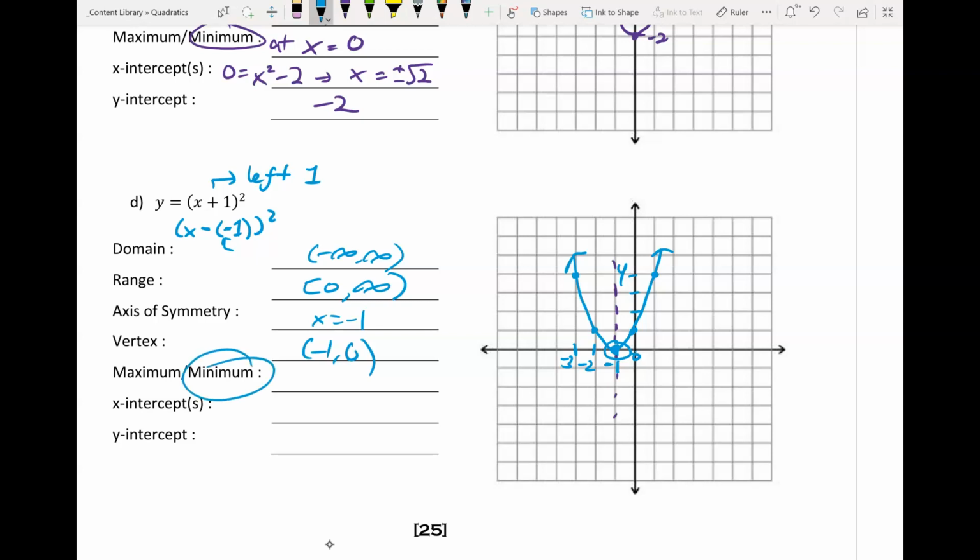You have a minimum at x equals -1. We just shift everything over to the left by 1. And then your x-intercept is at -1. That's where we cross the x-axis. And we cross the y-axis on this point here. So that's y equals 1.